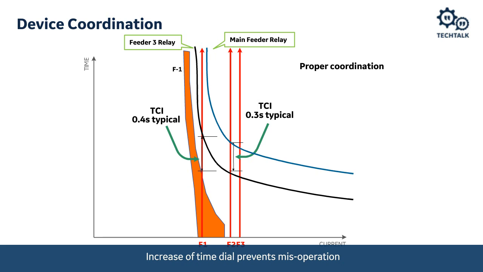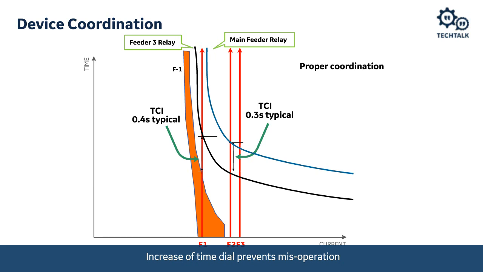And the time axis is the y-axis we see over on the left. And so by increasing that time dial setting, I can take care of the miscoordination problem, but then I can also get back to the coordinating time interval that I need and I desire so that I am coordinating properly between these two devices.